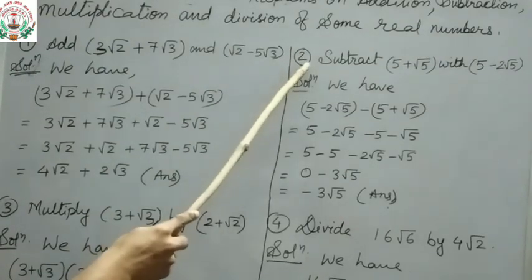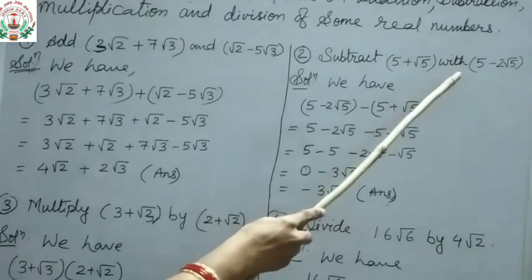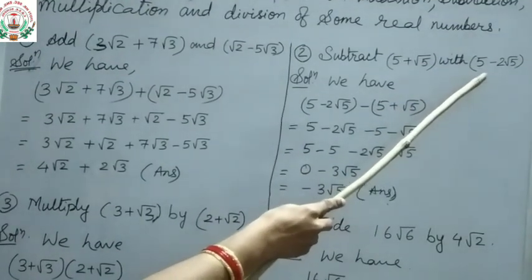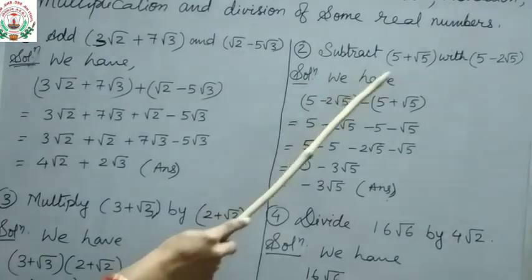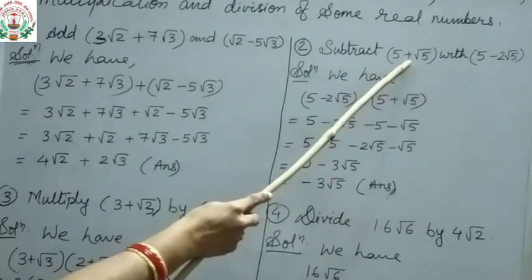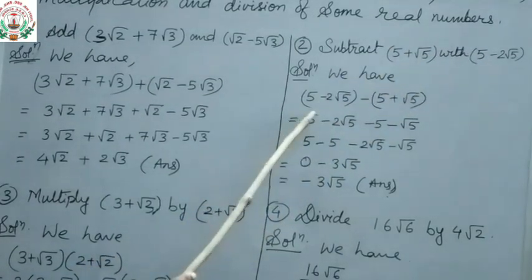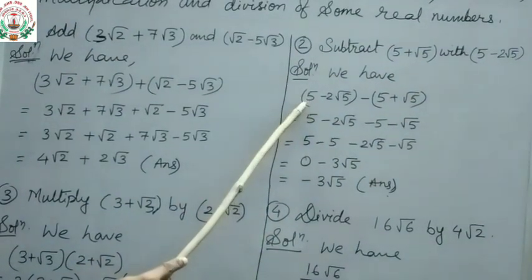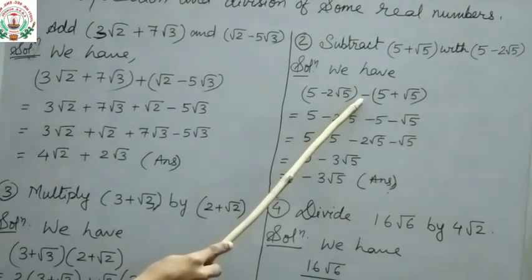Now second question, see. Subtract 5 plus root 5 from 5 minus 2 root 5. Okay. Now solution we have. Then you have to subtract this from this. So the second value will come first. Okay. So 5 minus 2 root 5. Then subtraction means minus.